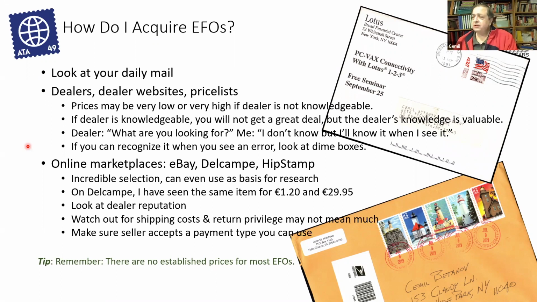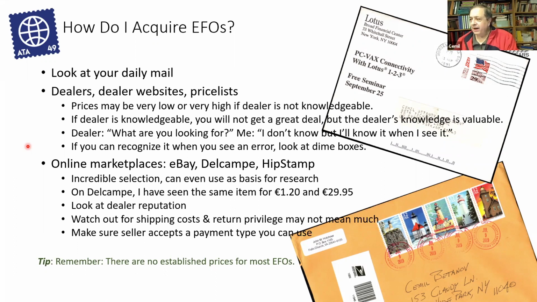When you have a knowledgeable dealer, maybe a specialist in EFOs, then it's something else. You should tell him or her, because they have a lot of knowledge. From that dealer, you will not get a bargain, but you will get a fair price, because the dealer knows what the EFO will sell for.